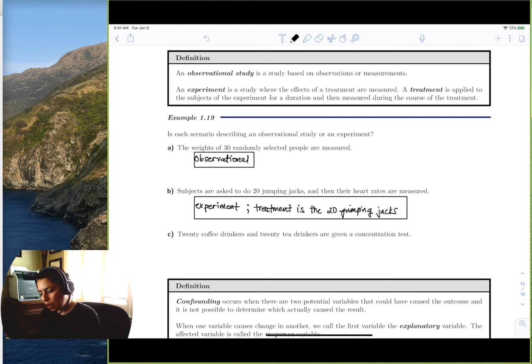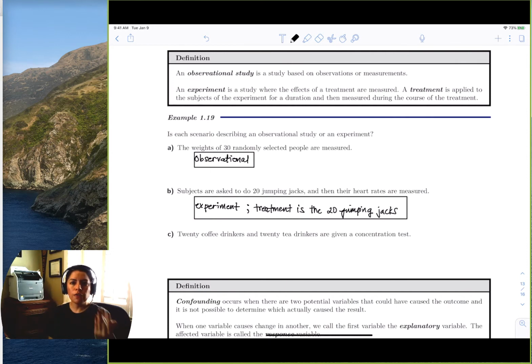So 20 coffee drinkers and 20 tea drinkers are given a concentration test. If the 20 coffee drinkers and 20 tea drinkers are given a test, are you asking these coffee and tea drinkers to do something? Yeah, you're asking them to take a test.